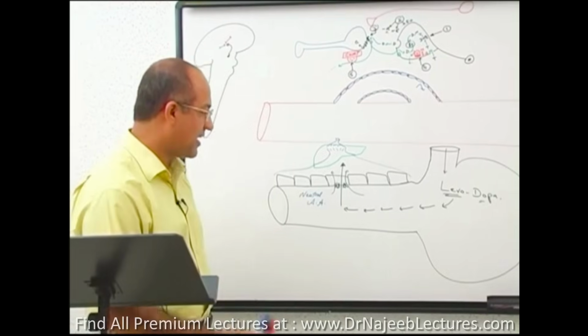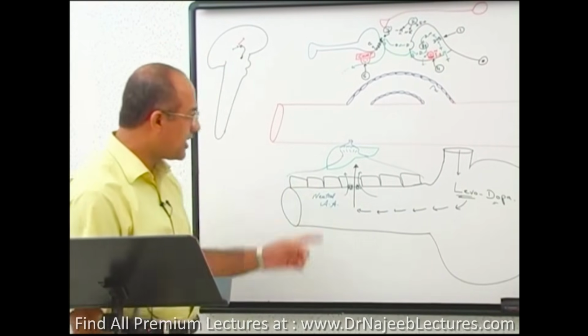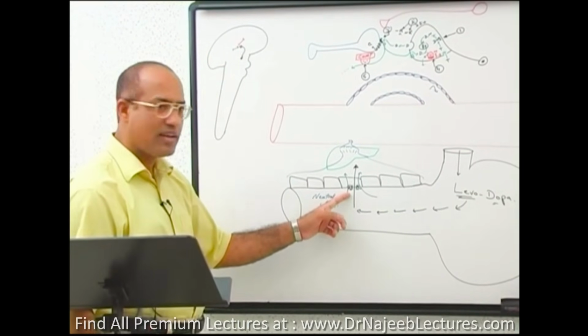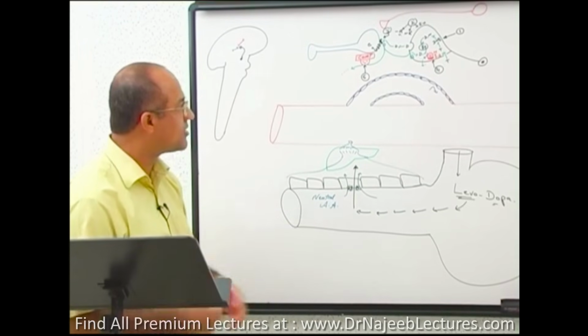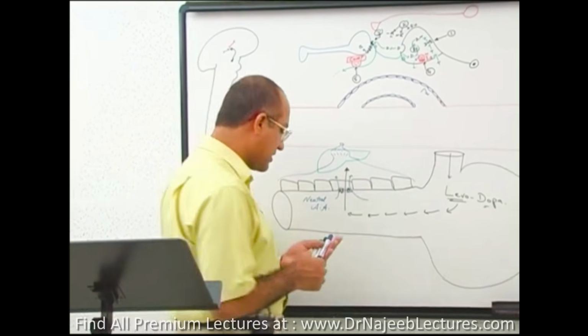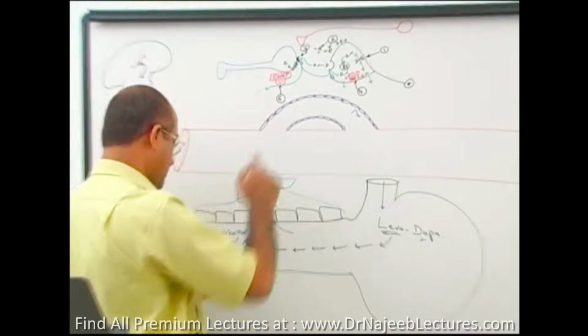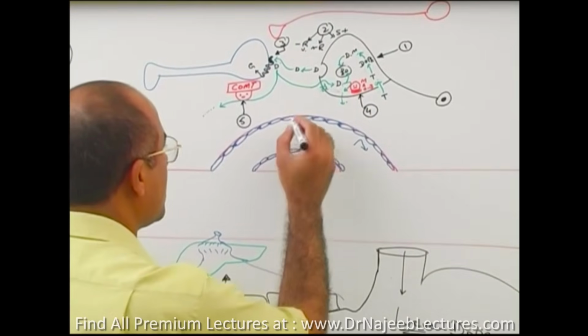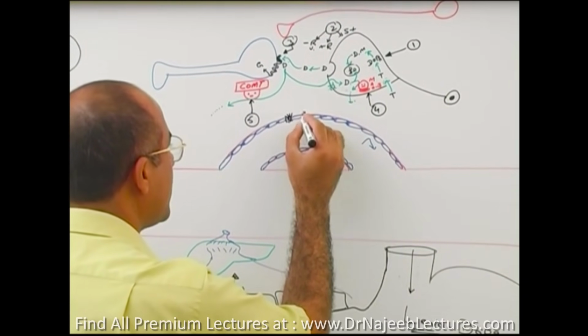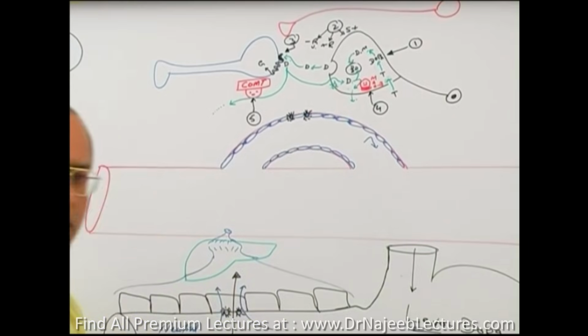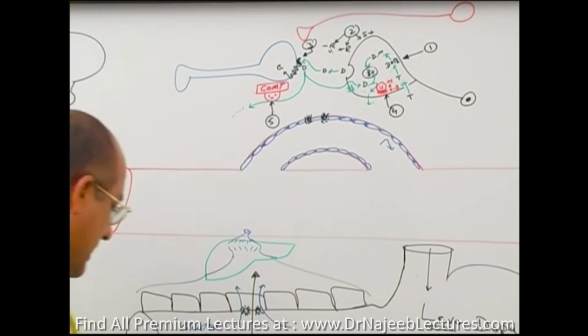Another thing: not only does this transport mechanism involve competition between levodopa and the neutral amino acids, you will be surprised that the drug passes through the blood-brain barrier also by similar mechanisms.